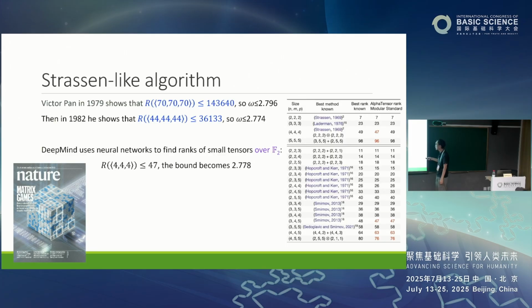Then the bound becomes 2.778. But still, it's not the best bound for such Strassen-like algorithms, because the original Strassen algorithm takes 7 for 2 times 2, so 49 for 4 times 4. So it improves the Strassen algorithm.